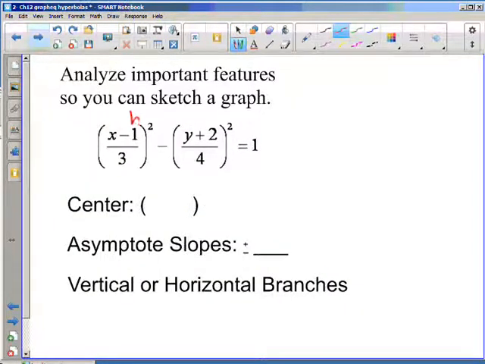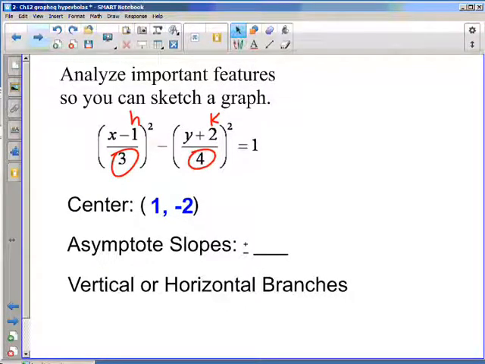Again, the h and the k are going to come from the numerator here in the x and y terms. In this case, x minus h is x minus 1, so we have a positive 1 and a negative 2 for a center. Remember, the asymptotes are slopes that come from the denominators, and we take the rise over run from those denominators.